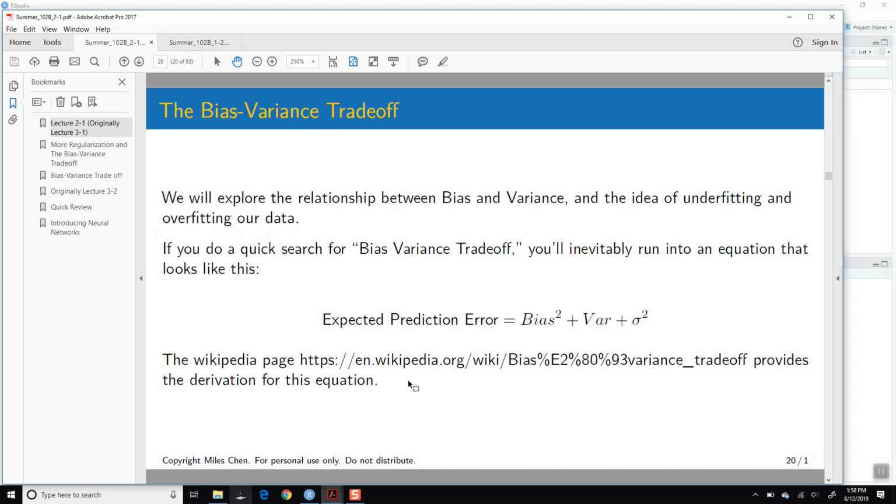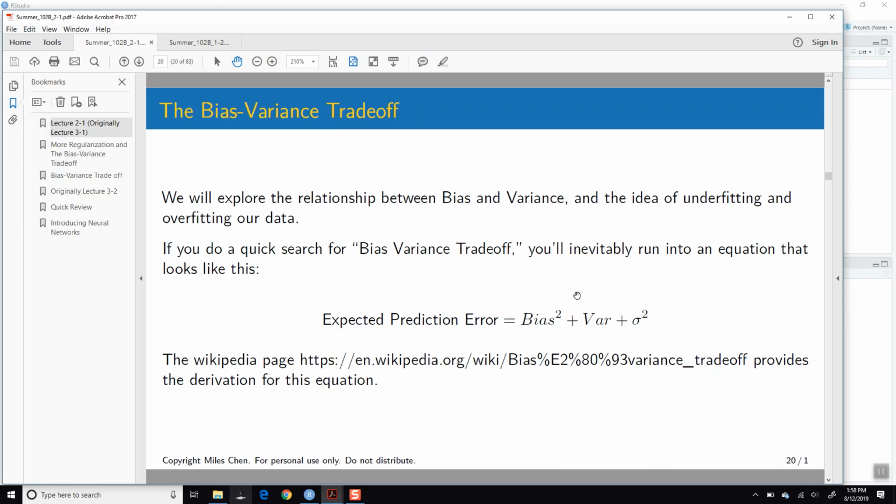Okay, and so what we have here, as we mentioned earlier, is the bias variance trade-off. The bias variance trade-off says that ideally we have no bias and minimal variance, but that's often not possible, so we have to make a choice.